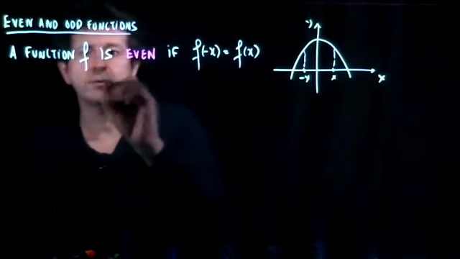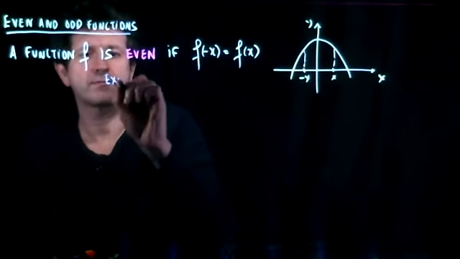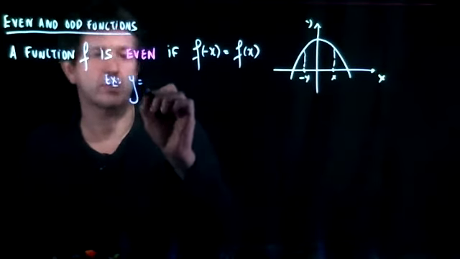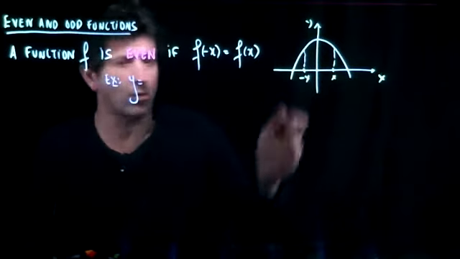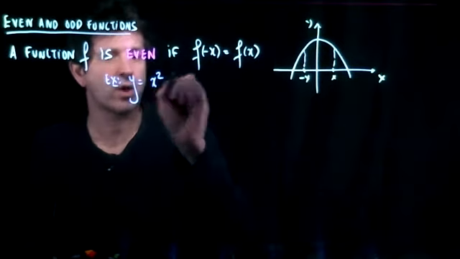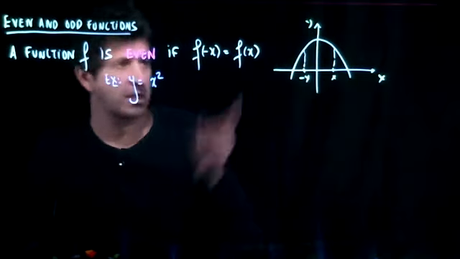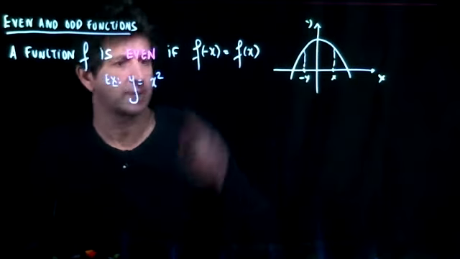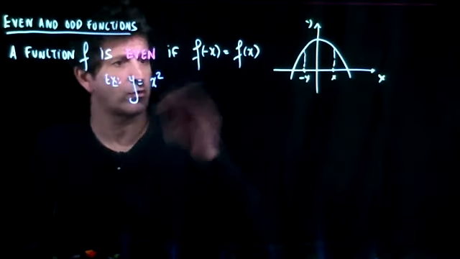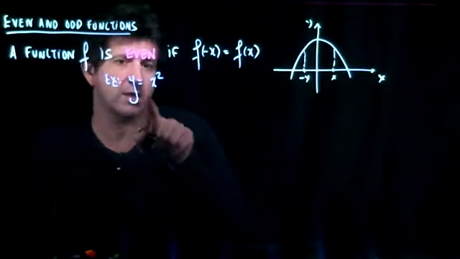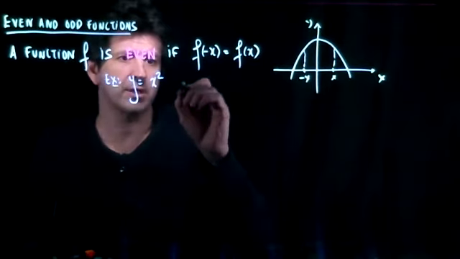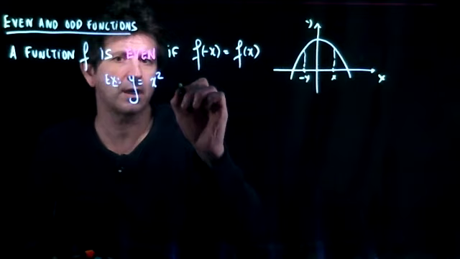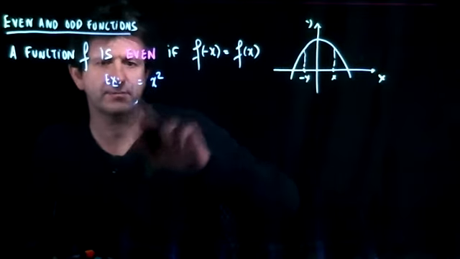So for example, y equals, well, not every parabola, but the parabolas that are centered on the y-axis. For example, y equals x squared, it's an even function. True, because it's symmetrical with respect to the y-axis. And if you check f of minus x, you could see right away.